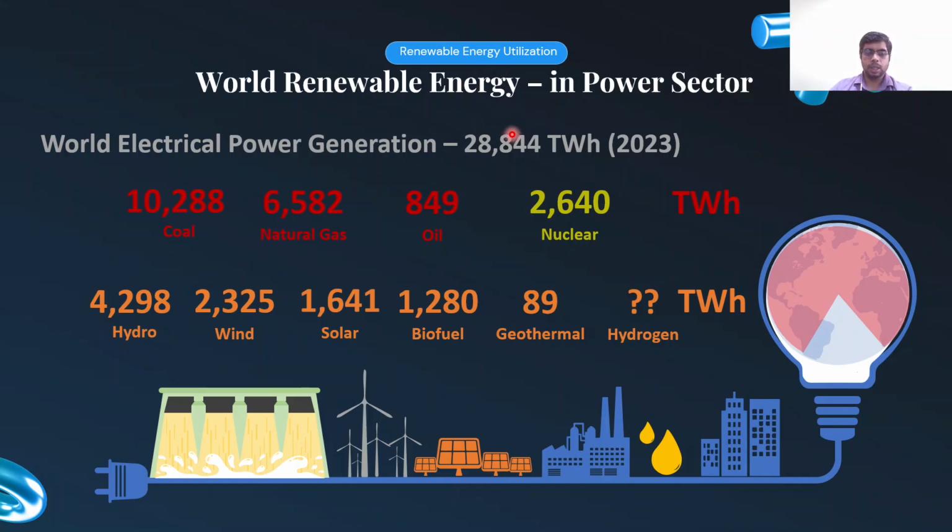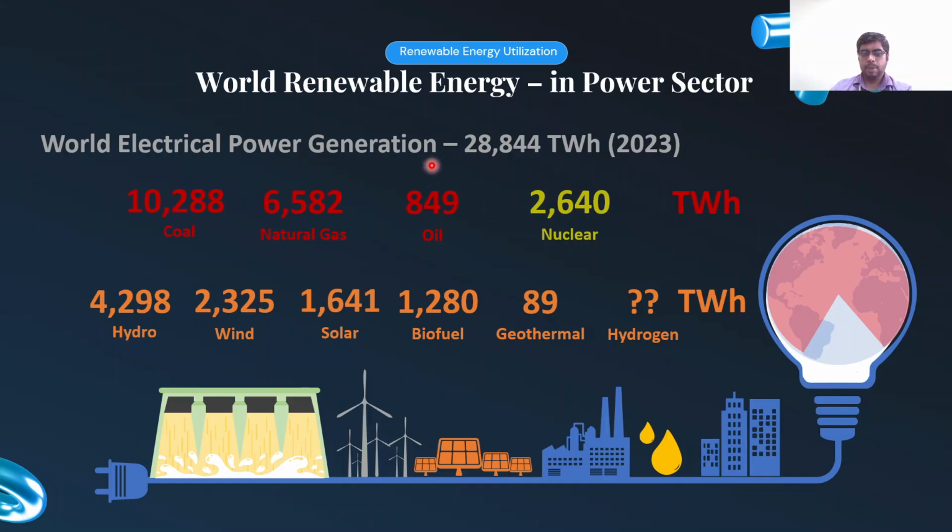So the total world electrical power generation in 2023 was 28,844 terawatt hours. Out of that, 10,200 or 10,300 terawatt hours was produced by coal, and 6,582 terawatt hours was produced by natural gas.